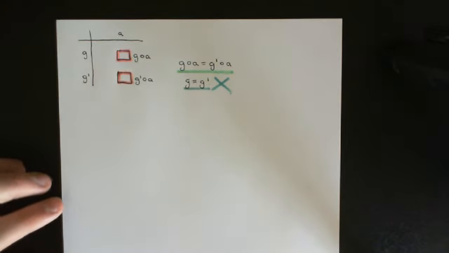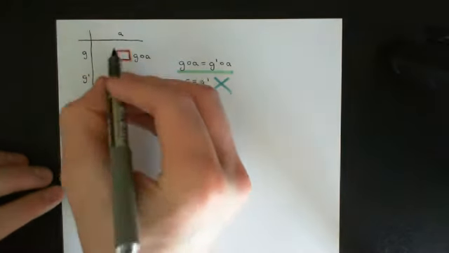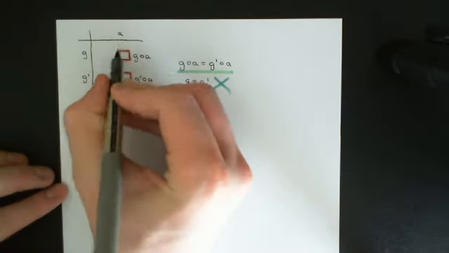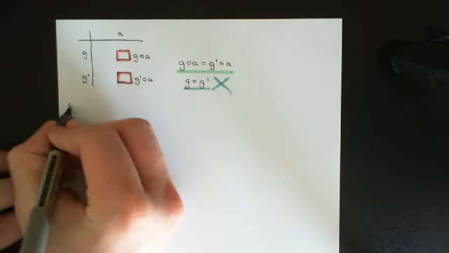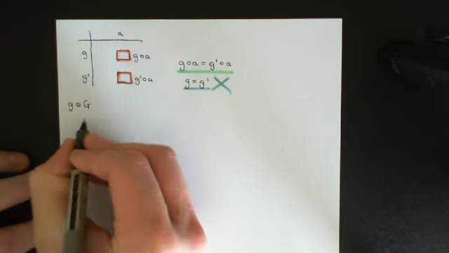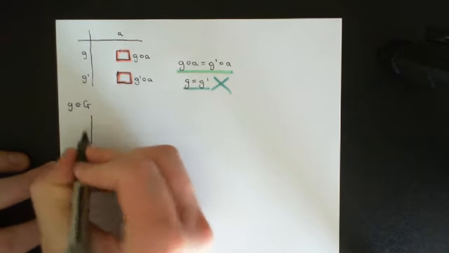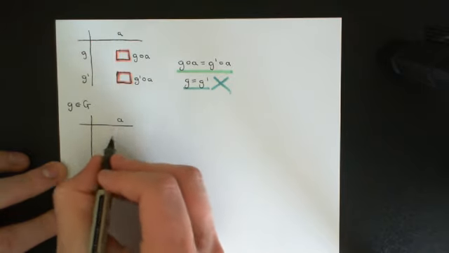The other part then: we want to prove that every element of the group appears once in the column corresponding to the element A. Once again, we'll take an arbitrary little g as an element of capital G, and what we want to show is that little g will appear in this column for little a.